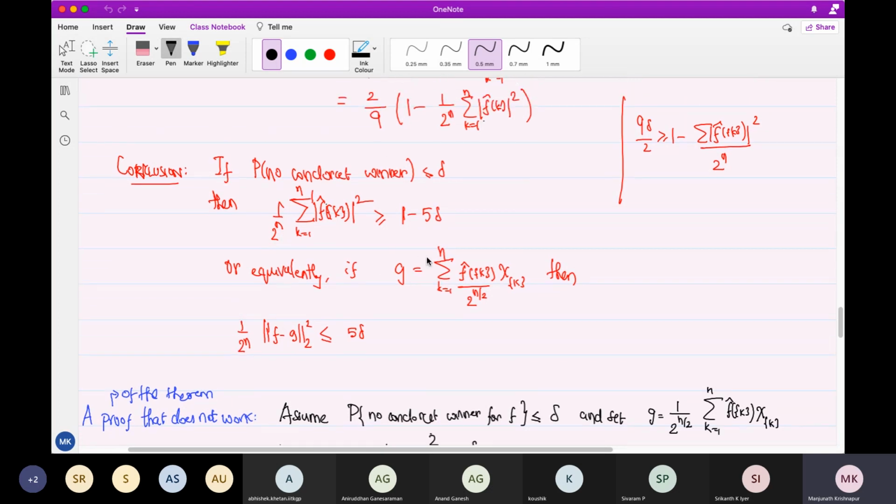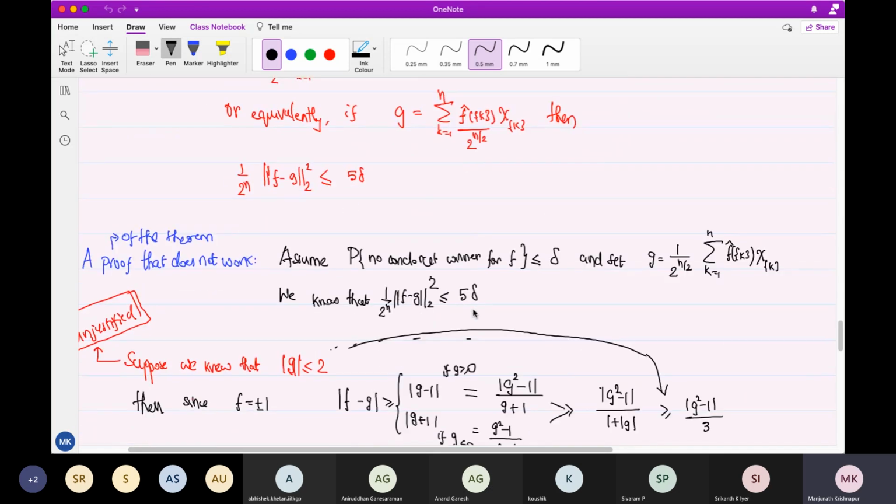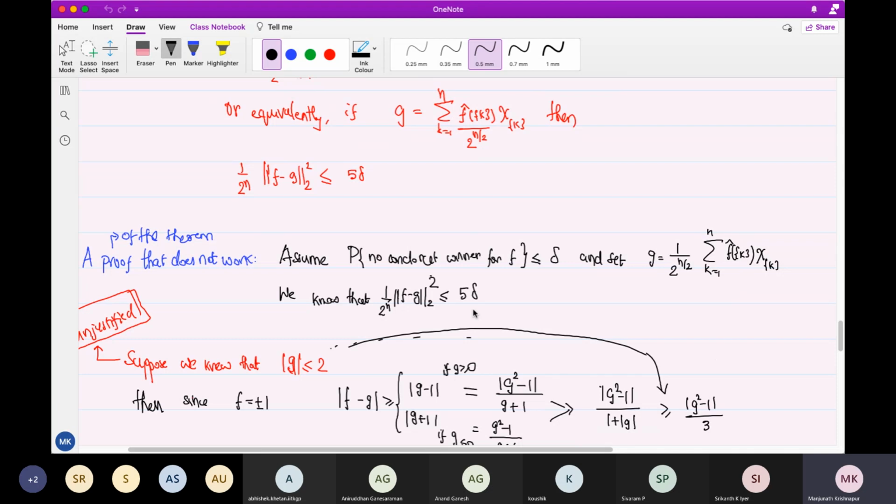There the probability was 0, so f would be the same as this, and then since f is Boolean, we could argue that exactly one Fourier coefficient is non-zero and the others are 0. Here, we only know that f and g are close. F is a Boolean function, g is not a Boolean function, but f and g are close. From that, we have to argue that only one of these coefficients remains and the rest are small. Okay, so that's what we want to do.